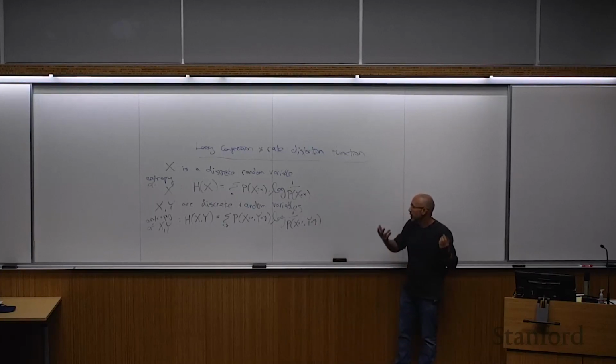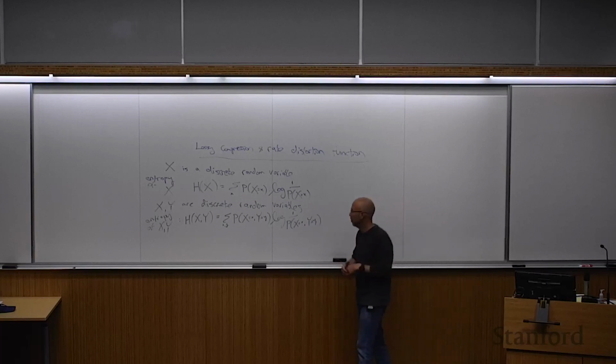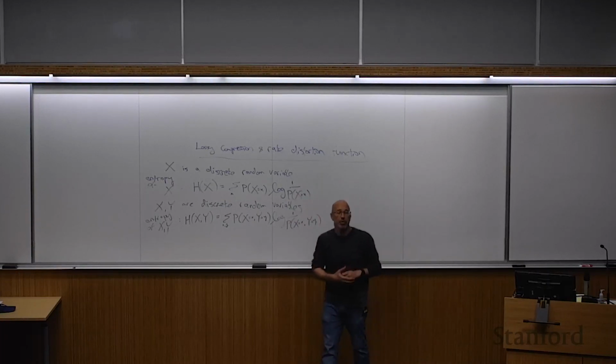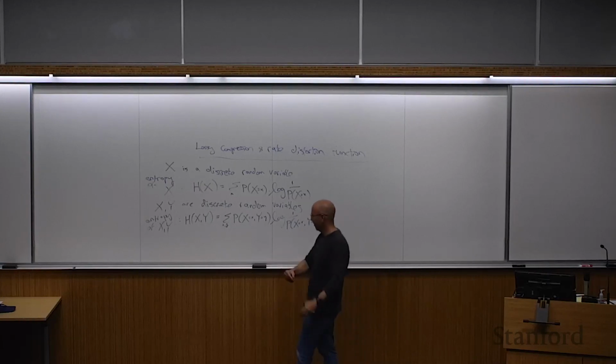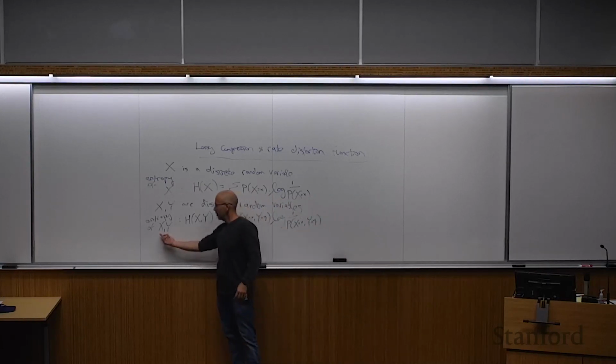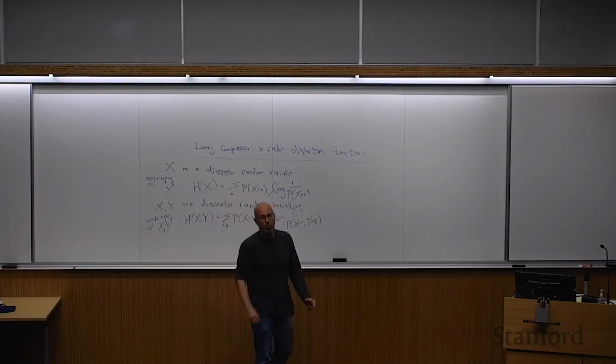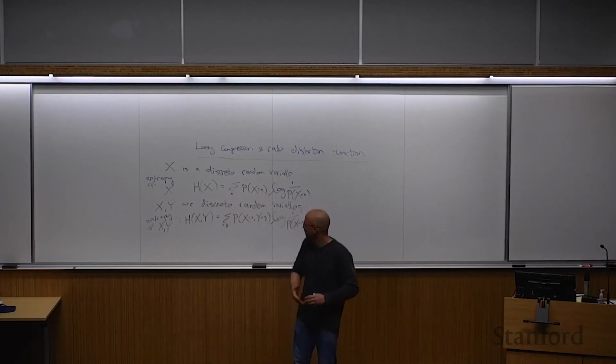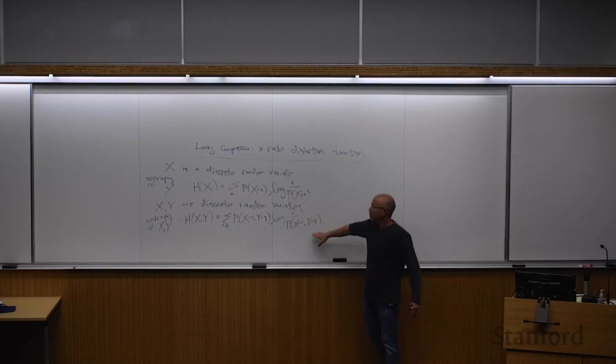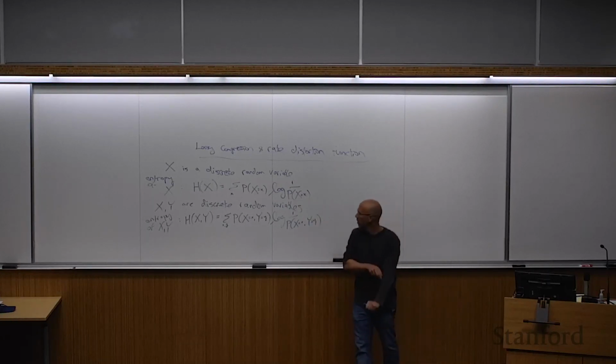Obviously, in terms of operational significance, it carries over from the operational significance of H(X). If your data comprises IID pairs coming from the distribution of this pair, then the best that you can do for compressing this data is H(X,Y) in terms of number of bits per pair.